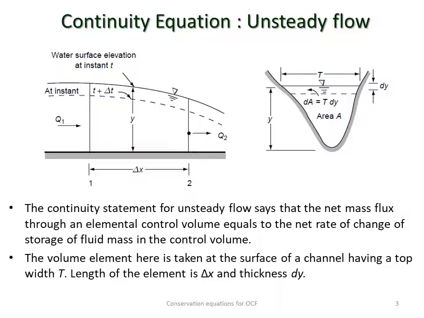So that's the elemental area of the element. And in the first figure on your left, you can see in the longitudinal section the length of the element is delta x. You can also say that there is an incoming flux of Q1 into section 1, and there's an outflux of Q2 at section 2.